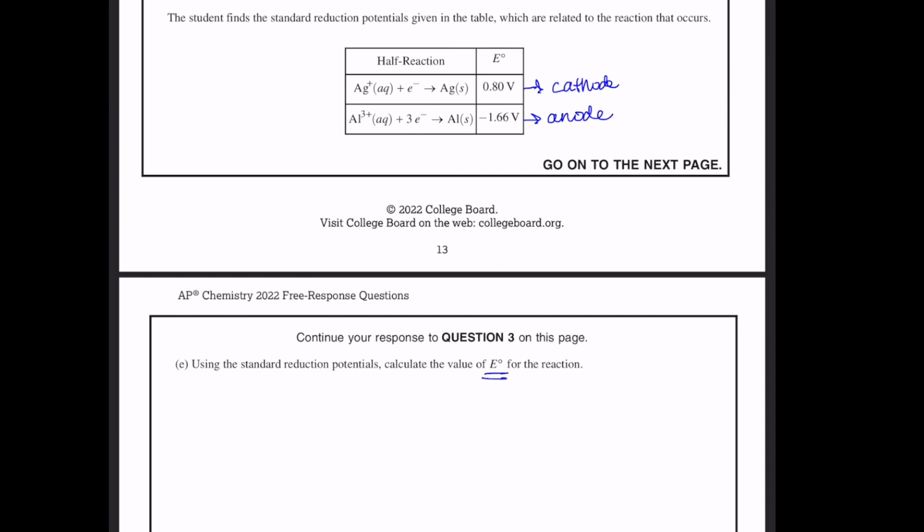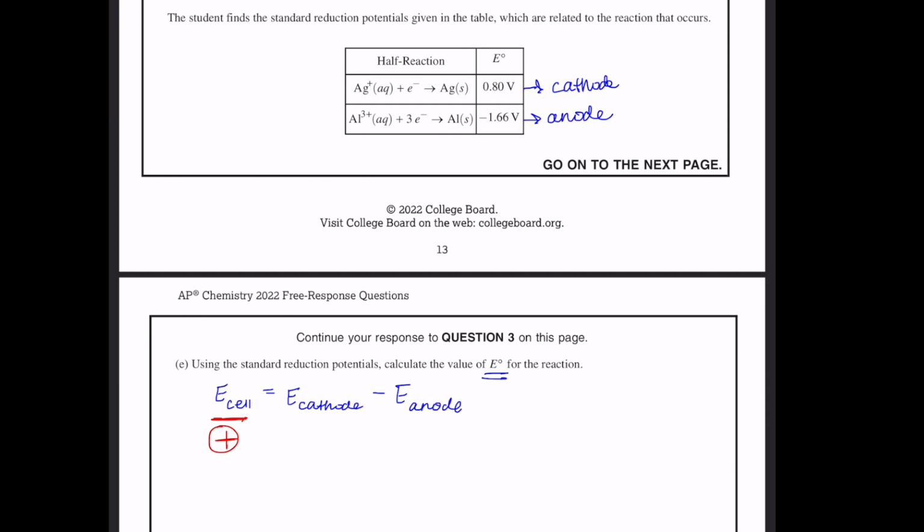So for the galvanic cell, remember we do have the formula. So that's going to be E cell equals E of the cathode minus E of the anode. All right, so what we need to do here is we have these E values, and remember for a galvanic cell it always has to be positive, so E cell has to be positive.